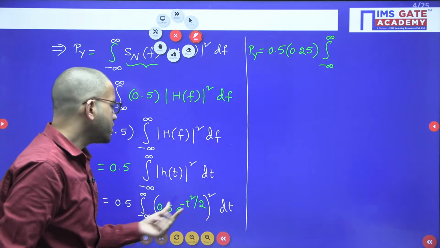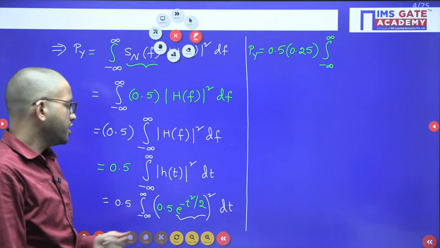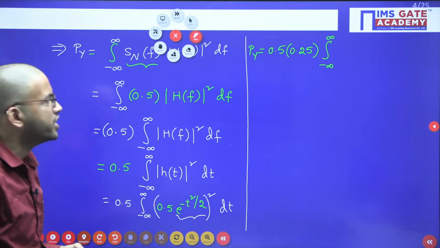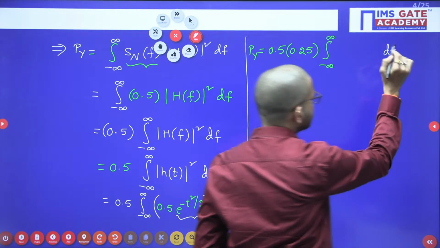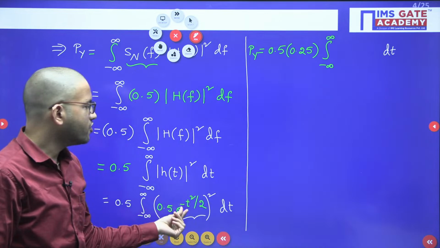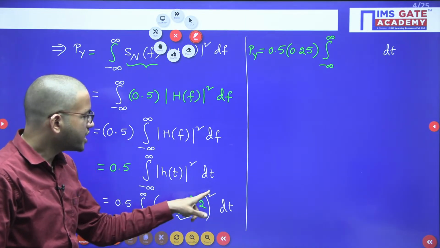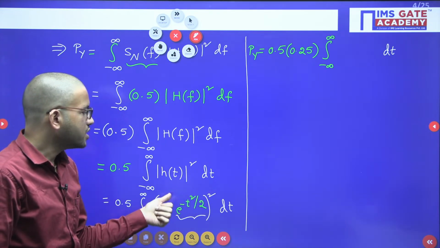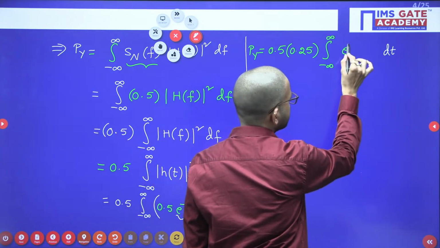Now can you tell the square of this term, e power minus t square by 2 whole square? How much are you going to get? All of you quickly respond. It is like a power m whole power n, so we can write it as a power mn, right? So the 2 will get cancelled, and you get simply e power minus t square.